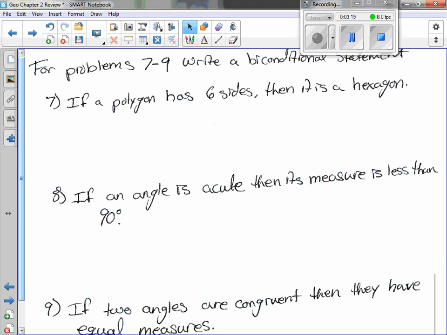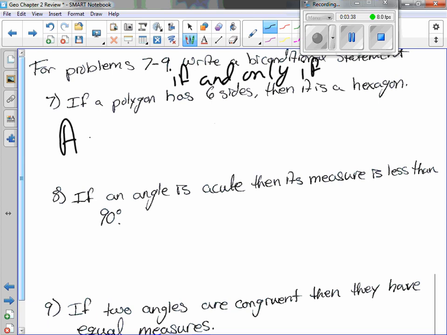Biconditional statements. A biconditional statement is changing the statement, dropping if and then, and using if and only if. If a polygon has 6 sides, then it's a hexagon.